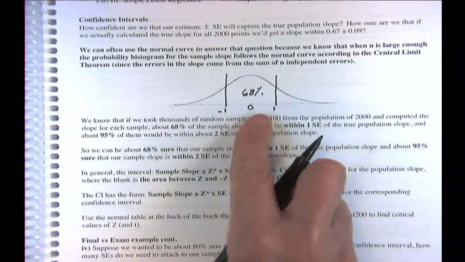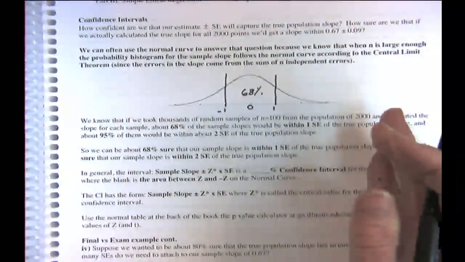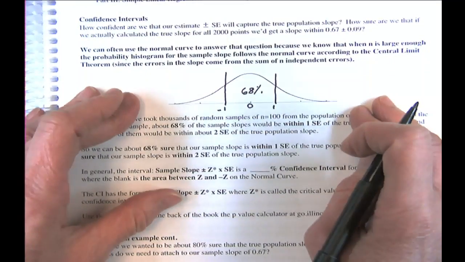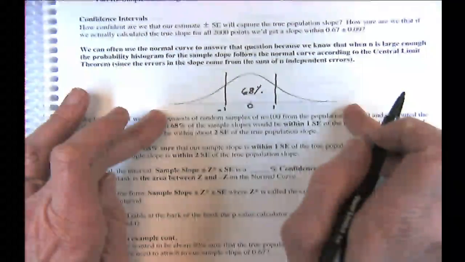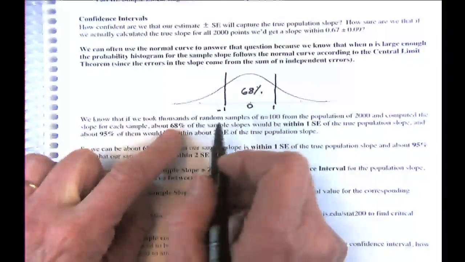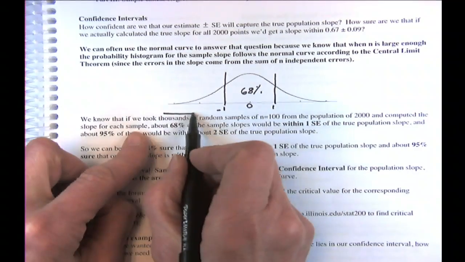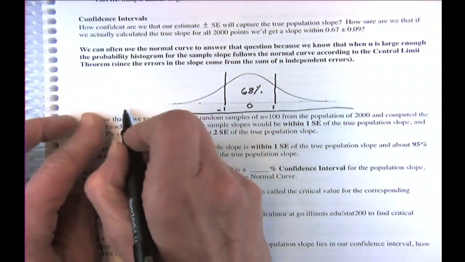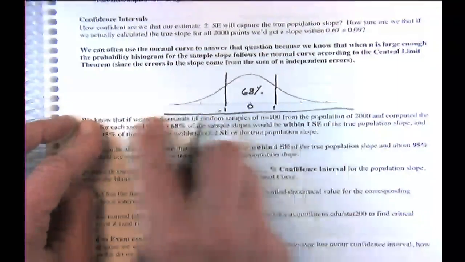So why can we use this normal curve? What are we even doing here? This is in terms of z-scores; in terms of actual data that we see, this is going to be our sample slopes, all the different sample slopes.